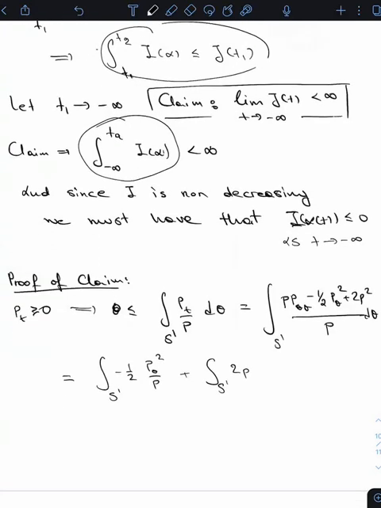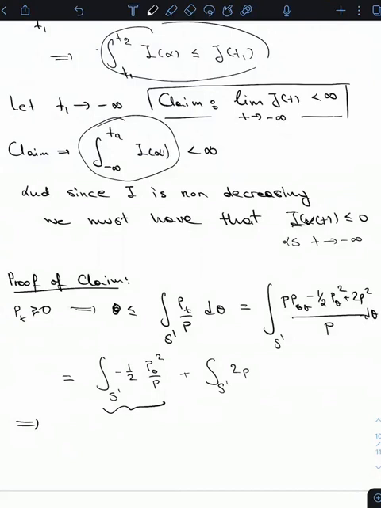This, remember, is bigger or equal than 0. And this first term here is 1/2 J(t), so minus 1/2 J(t).